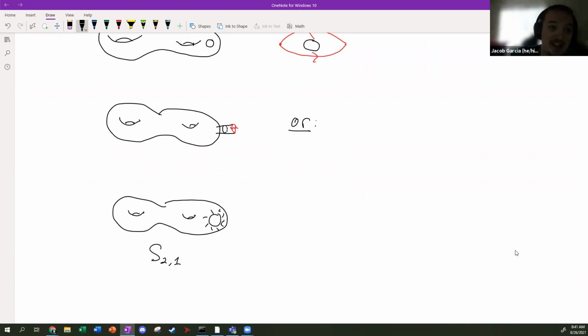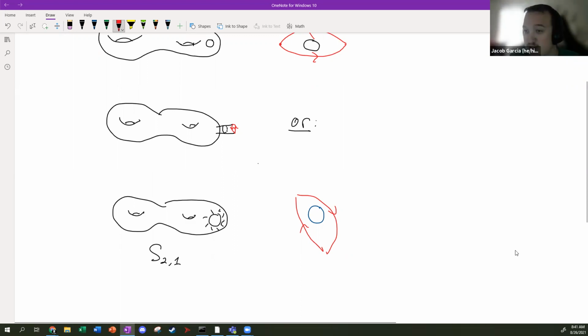And then I can think about identifying a disk in RP2. So this entire space is filled in. And I can think about identifying a disk in RP2 with the puncture of this genus 2 surface.